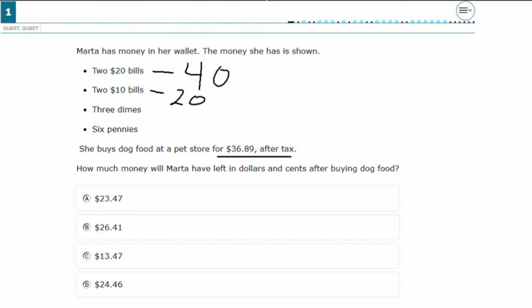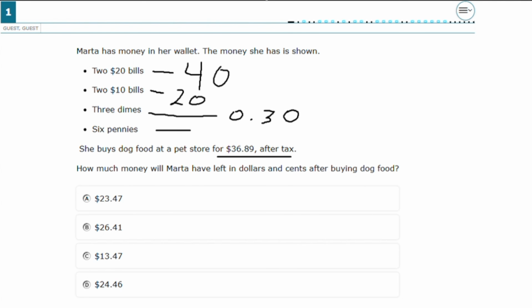She has 3 dimes. If a dime is 10 cents, that means 3 dimes is going to give us 10, 20, 30 cents. Since it's not a dollar, we're going to put it as a decimal because cents make up dollars. So we have 30 cents. And then she has 6 pennies.